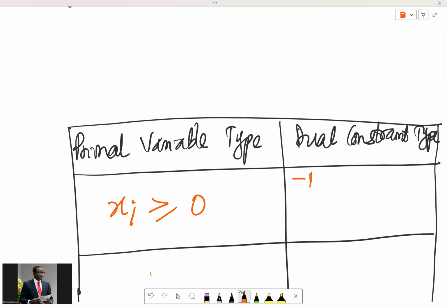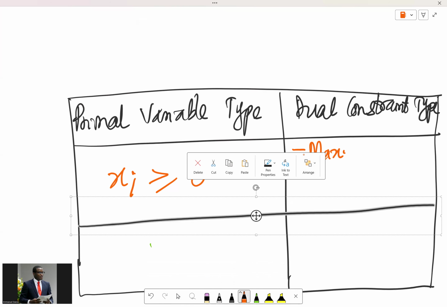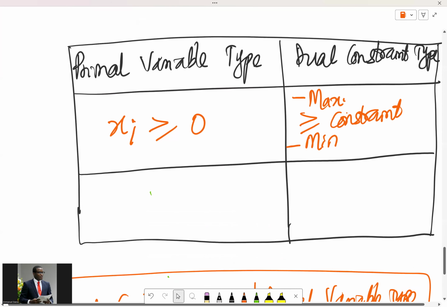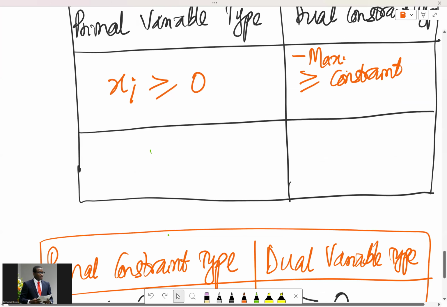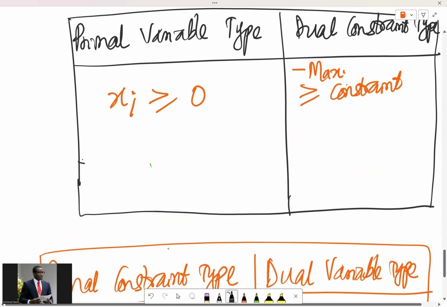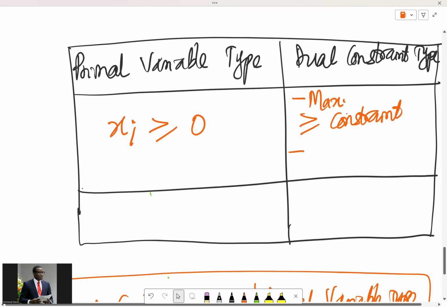For max, it's variable to constraint, so a greater than or equal to variable is going to give us a greater than or equal to constraint for a maximization problem.